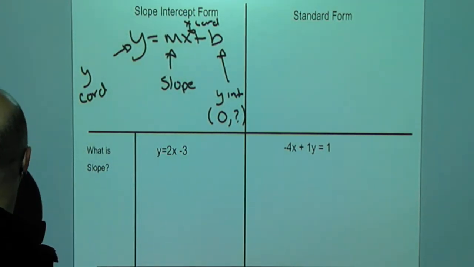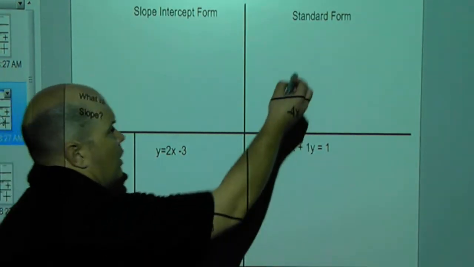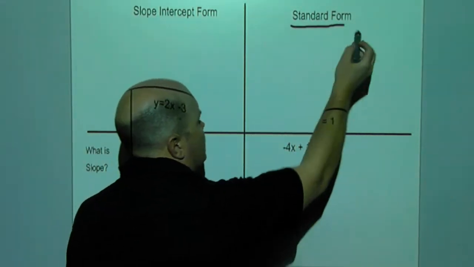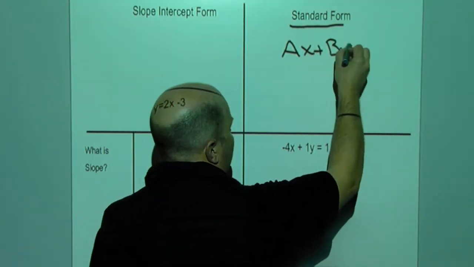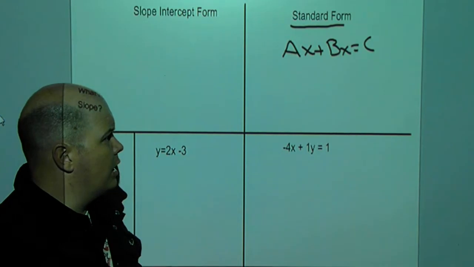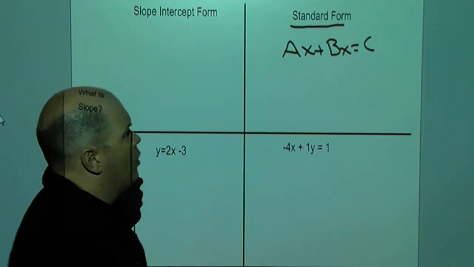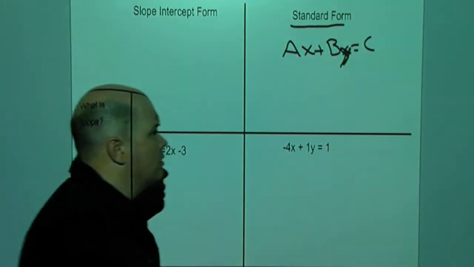Okay, if we wanted to go a little bit more in depth, we could come over here and look at what standard form is. Standard form is ax plus by equals c. All that is saying is some number touching x plus some number touching y equals some number.